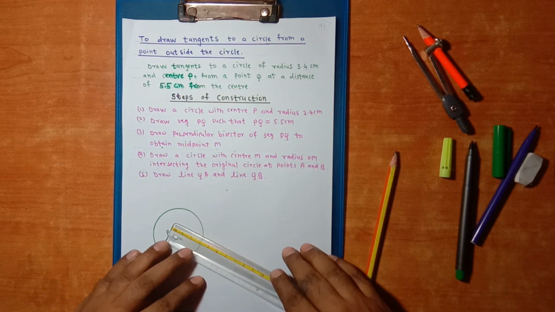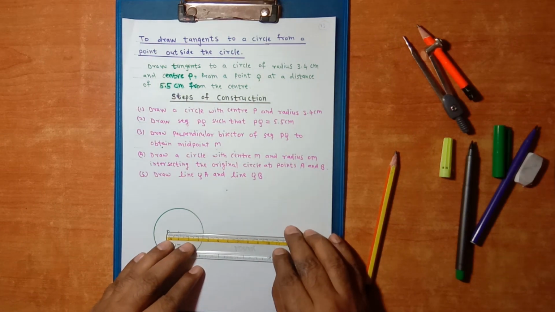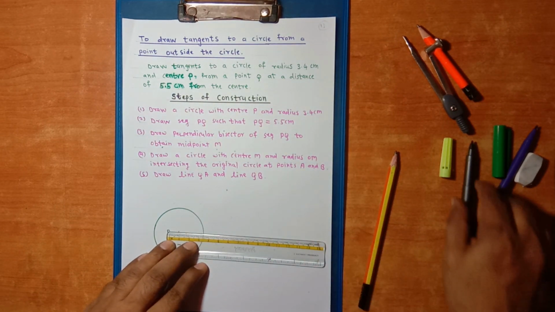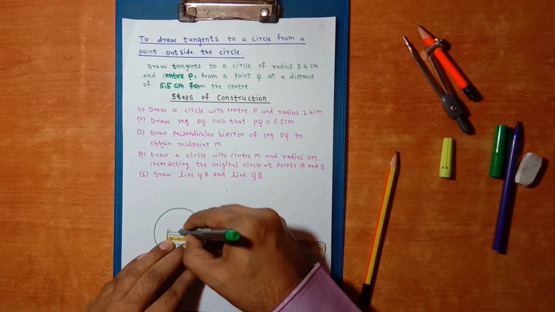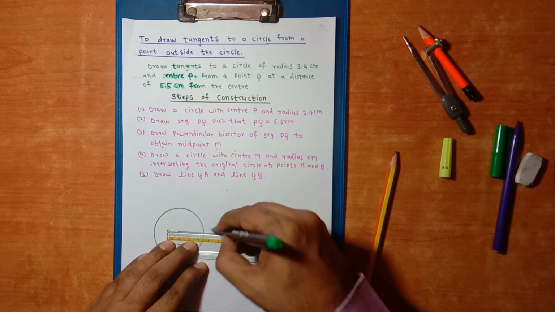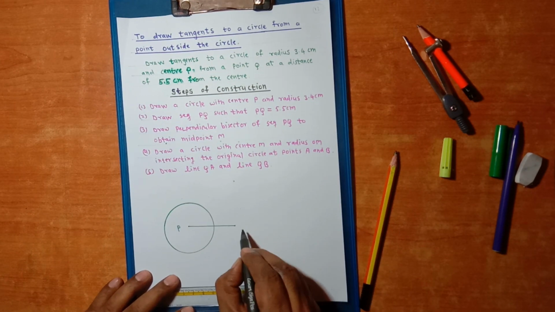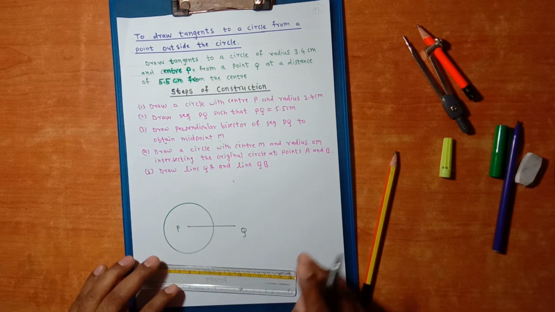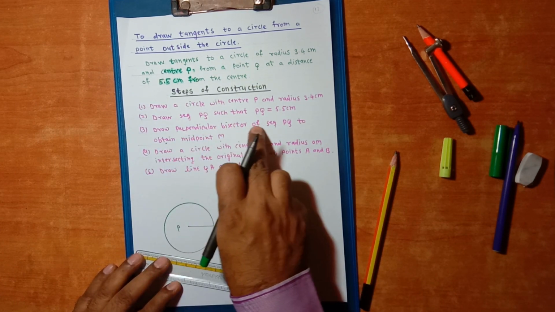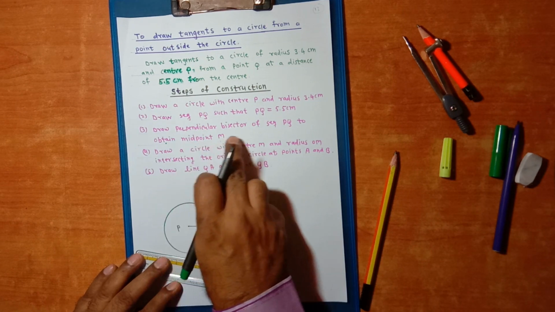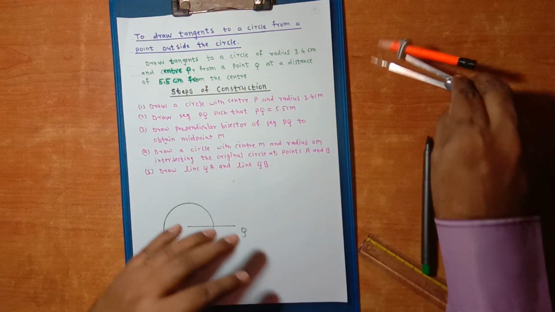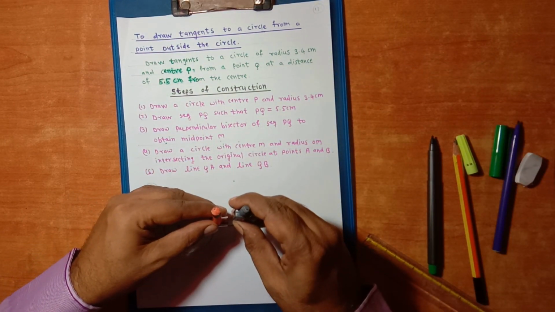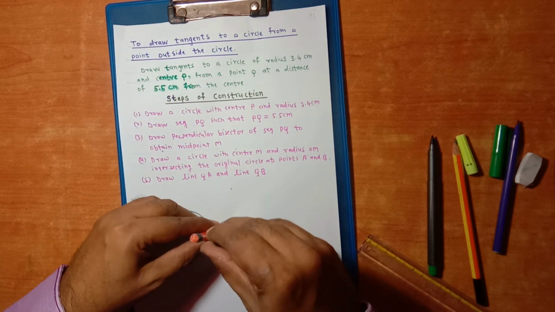So with the help of a scale, this is my point Q. Draw the perpendicular bisector of segment PQ to obtain midpoint. Now we know the process of how to draw a perpendicular bisector.